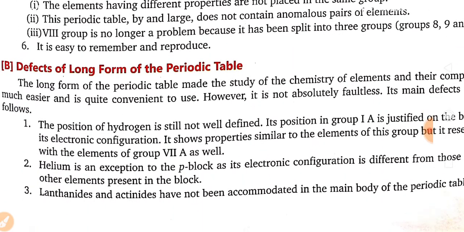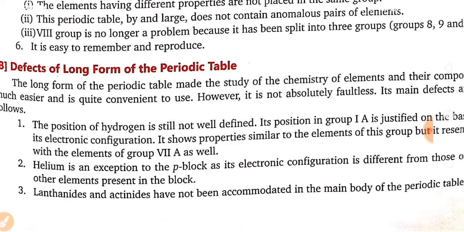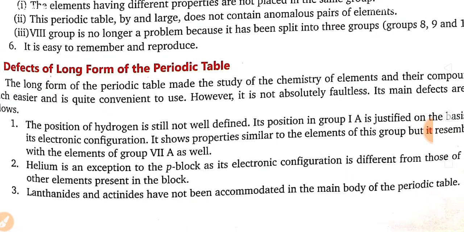Any table or anything in the world has some defects also. So this form also has some defects. First, the position of hydrogen is still not well defined. Its position in group one is justified on the basis of its electronic configuration.